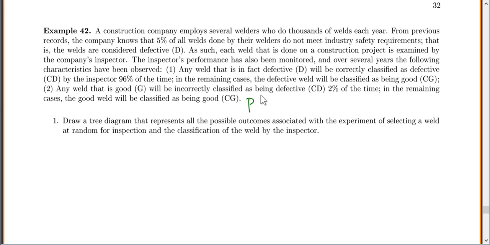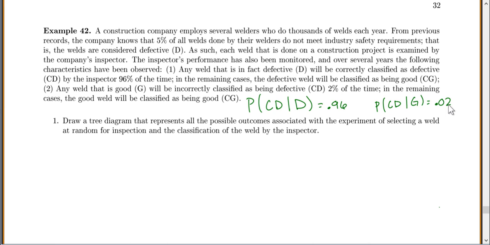Or in other words, the probability of it being classified as defective, if it is defective, is 0.96. The rest of the time it is classified as being good, CG. Any weld that is good will be incorrectly classified as defective 2% of the time. So we're saying the probability of classified as defective, if it's really good, is 0.02.